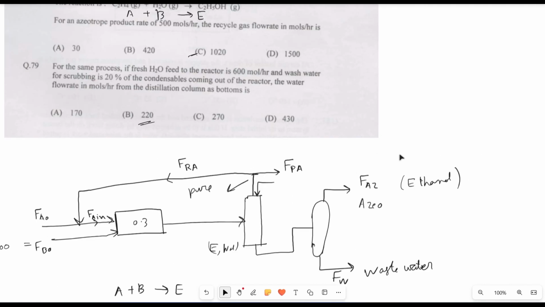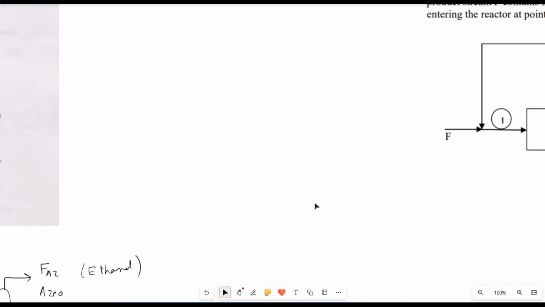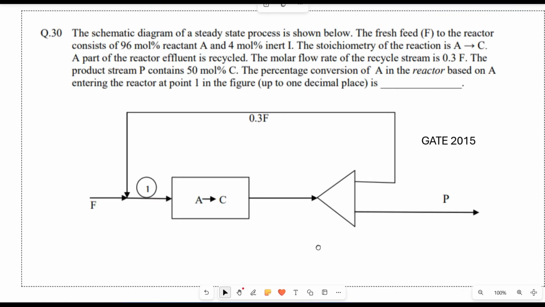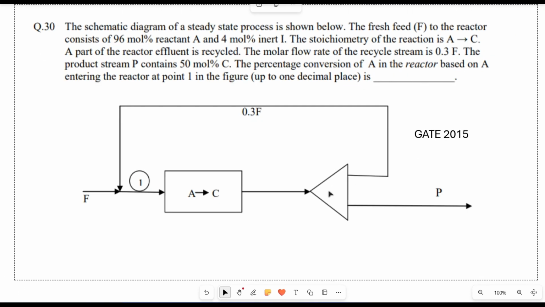Now, let us go to the second question. The second question is from GATE 2015. It states that the schematic diagram of a steady state process is shown below.